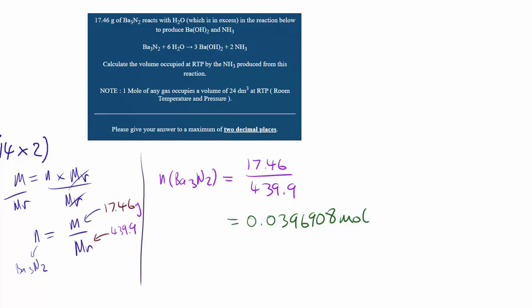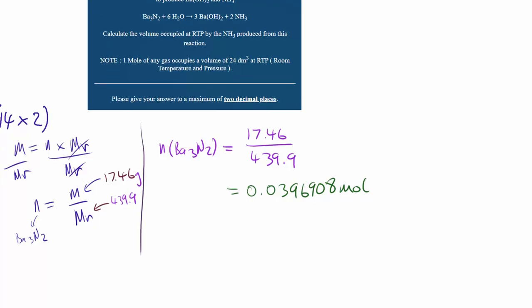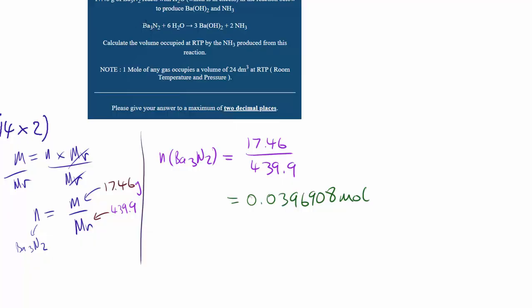Okay, but remember, I said the initial goal was to work out the number of moles of NH3, which we haven't done yet, right? So the next step would be taking a look at the ratio in the equation. We don't have a visible coefficient for the Ba₃N₂, which implies that the coefficient is 1, right?